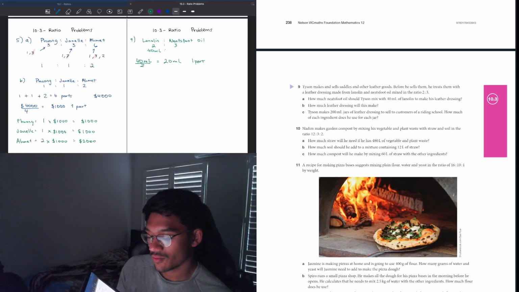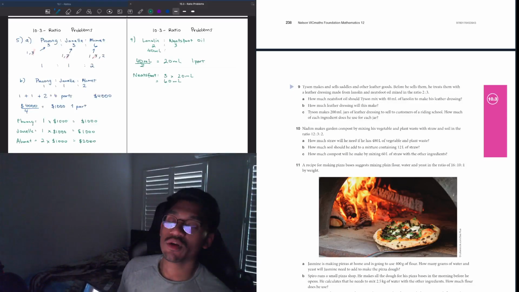So from here, we need to work out how much neat's foot. From our question, we know there's 3 parts. So we do 3 times the value of one part, which is 20 mil. So 3 times 20 is 60.